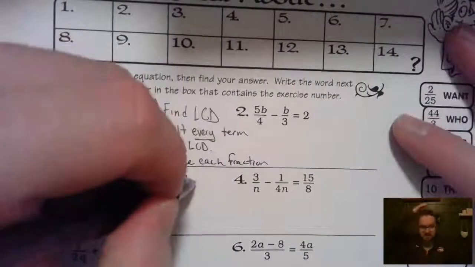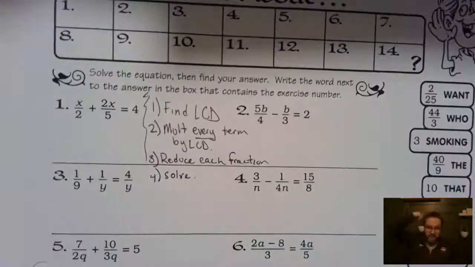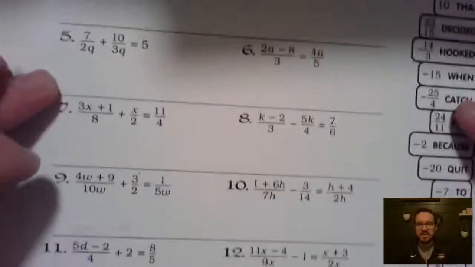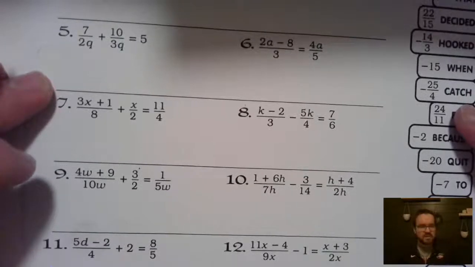Alright, so let's take a look at a couple here. One of the ones I want to do is number 7. We'll take a look at that one first. Notice it's got 3 terms. So here's what I'm thinking.